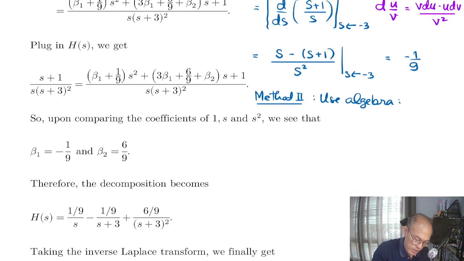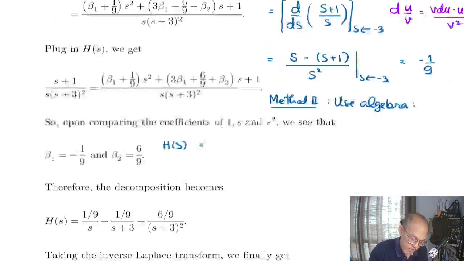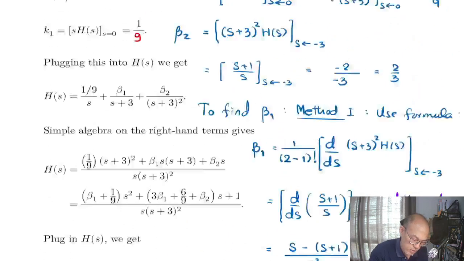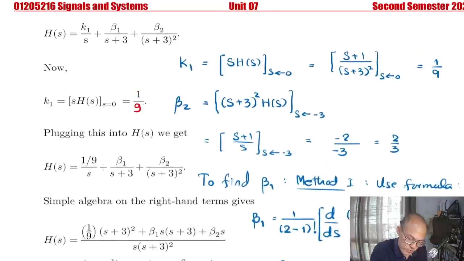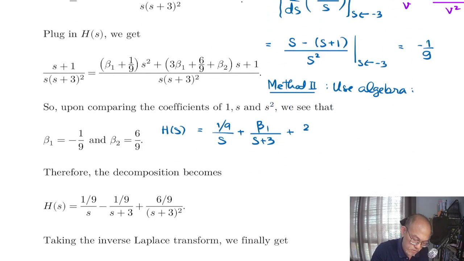So Hs, k1 was 1/9 over s, okay, and beta 1 over s plus 3, and beta 2 was 2/3 over s plus 3 squared.